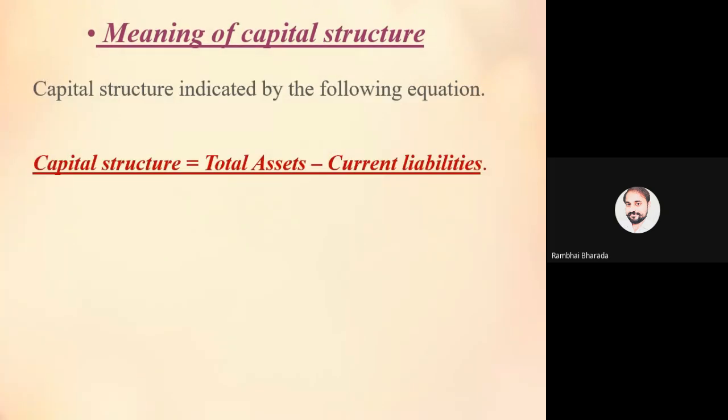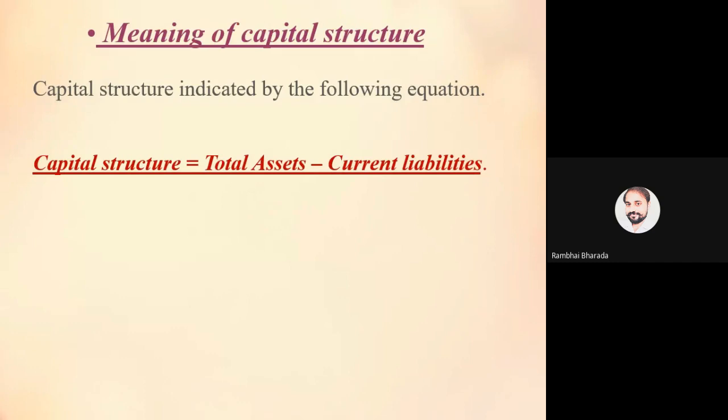Coming to the next. In accounting terminology, we can write like this. Capital structure is equal to total assets minus current liabilities.